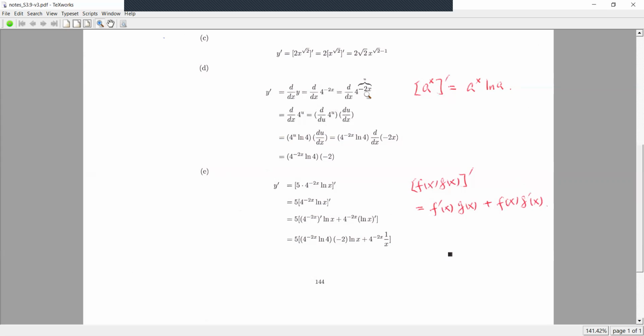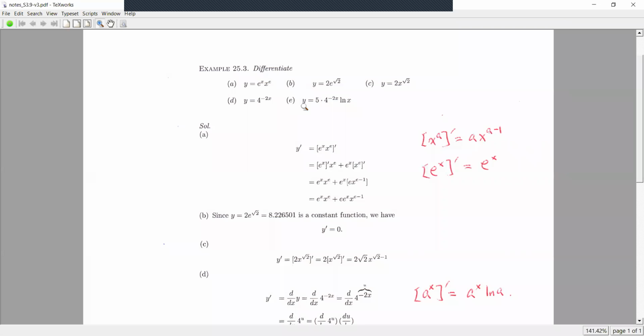Plug in negative 2x for the u here, then I have this equation. Now, the derivative of negative 2x with respect to x is negative 2. Then this is the result to part D.